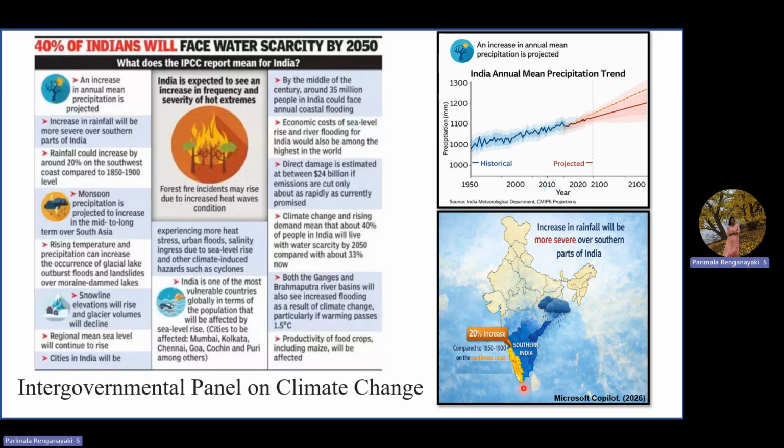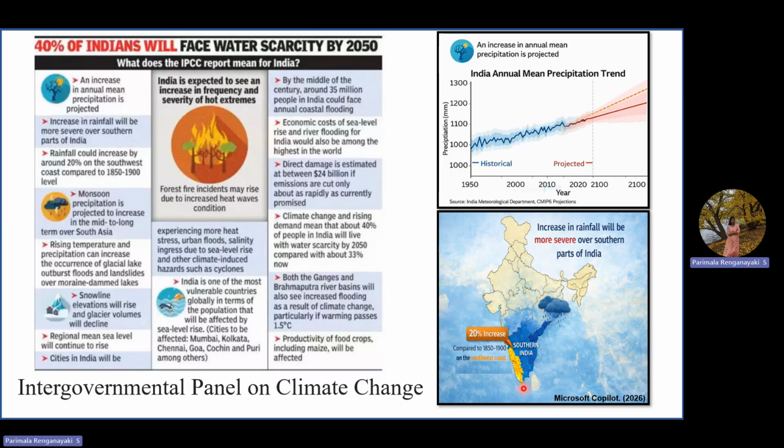Rising temperature and precipitation can increase the occurrence of glacial lake outburst floods and landslides over dammed lakes. These are projected because of climate change. Both the Ganges and Brahmaputra river basins will also see increased flooding as a result of climate change, particularly if warming increases over 1.5 degrees, the glacial melt.